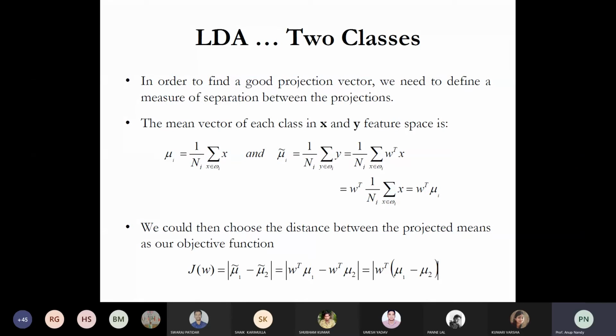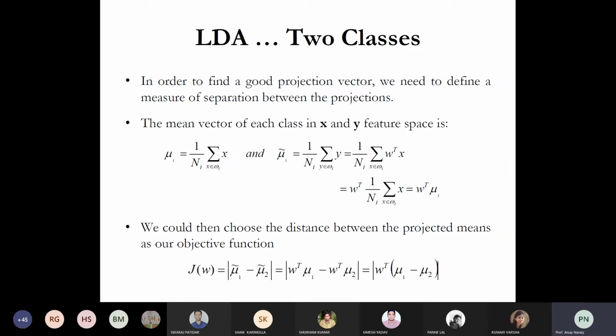Because this data is going to be projected to another space, suppose x has x1, x2, ..., xn. Now you are applying PCA, and it will have y1, y2, ..., yn. Whenever you are going to do LDA, first you apply PCA, then LDA. Now you have a new feature space, that is y. In this y feature space also you need to compute this mu. That's why mu i hat is coming.